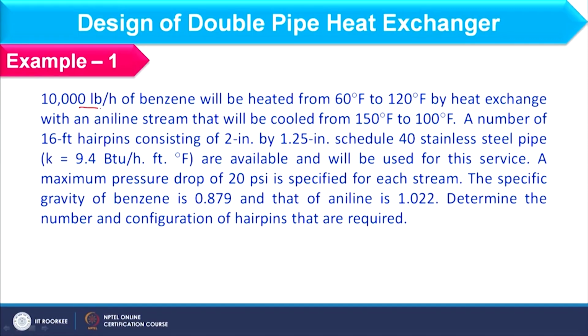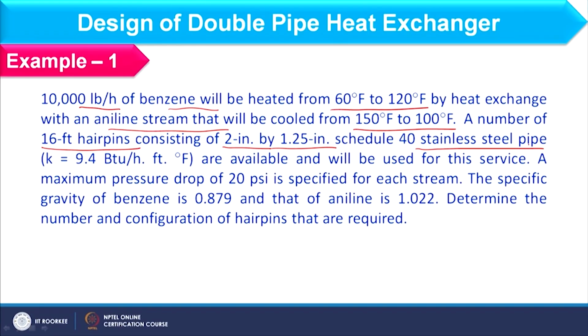From now we will start the example to design a double pipe heat exchanger. Here I am considering example 1, where around 10,000 pounds per hour of benzene will be heated from 60 to 120 degrees Fahrenheit by heat exchange with an aniline stream which is cooled from 150 to 100 degrees Fahrenheit. A number of 16 feet hairpins consist of 2-inch by 1.25-inch schedule 40 stainless steel pipe.